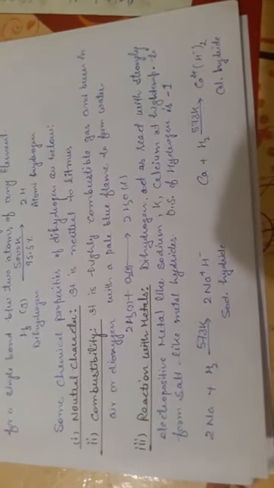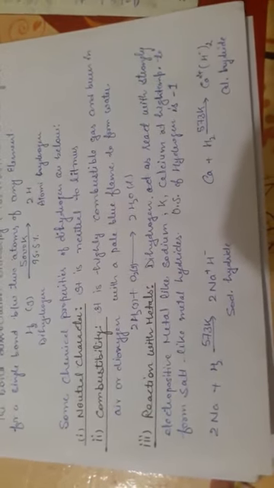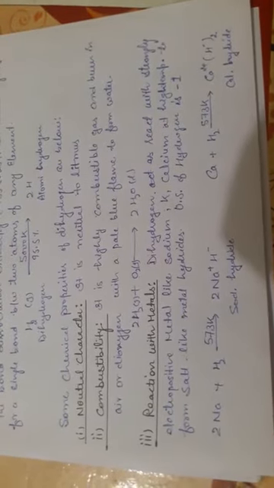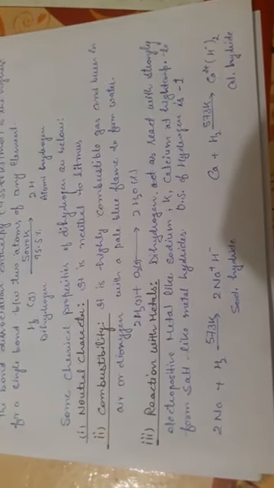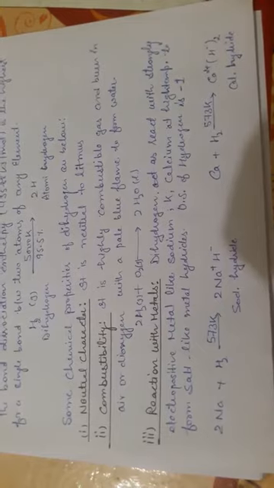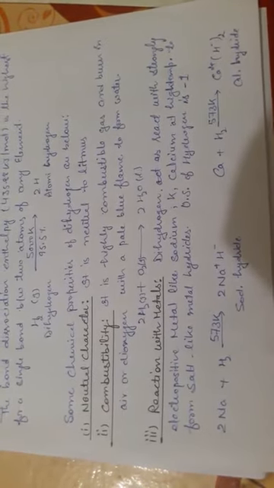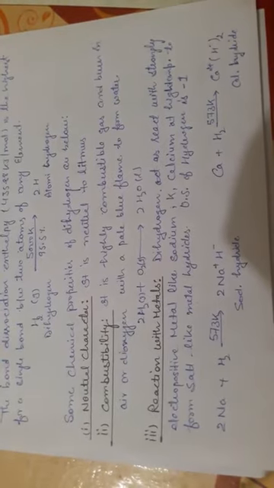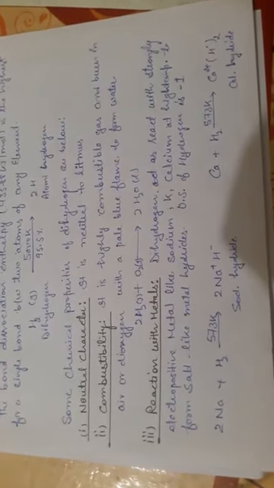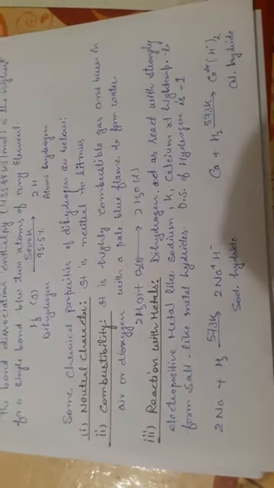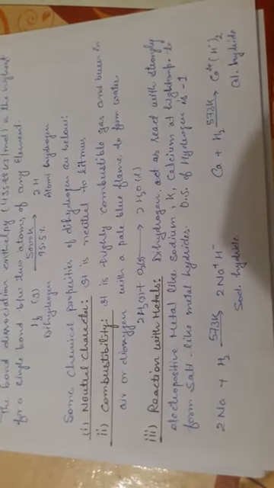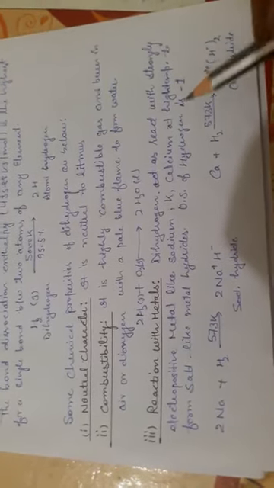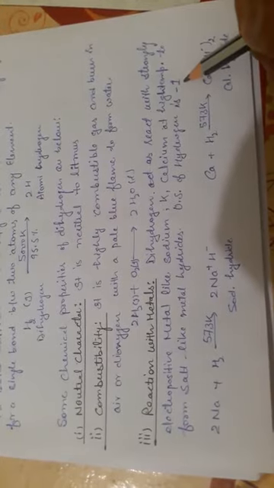I already explained this in the redox reaction chapter: when hydrogen reacts with alkali metals, alkaline earth metals, mostly group 1 elements, it makes metal hydrides, and here the oxidation state of hydrogen is -1.